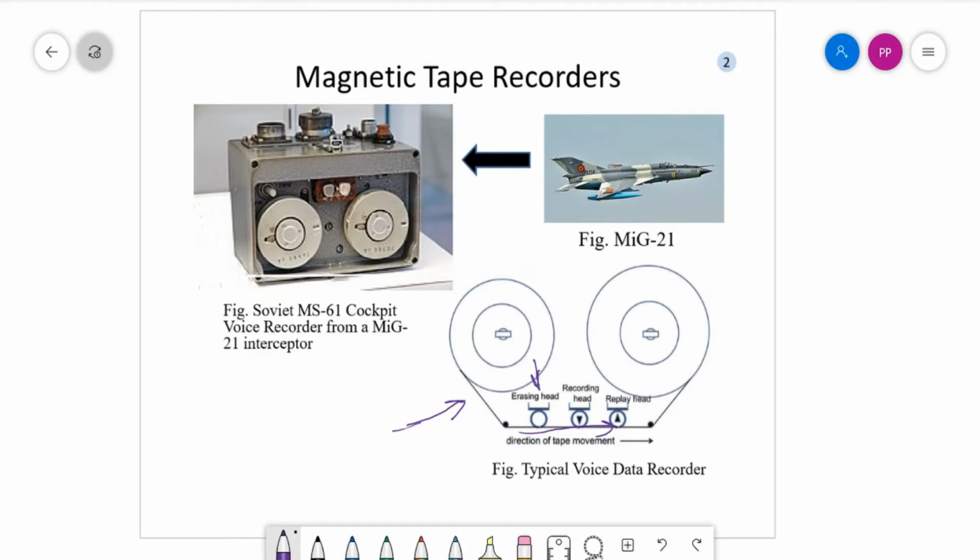Then this is the recording head where the information is recorded in the form of orientation of magnetic particles, and the third one is the replay head, or sometimes called reproduction head or playback unit. So we shall go further to understand how basically the magnetic tape recorder works and what are its various components.